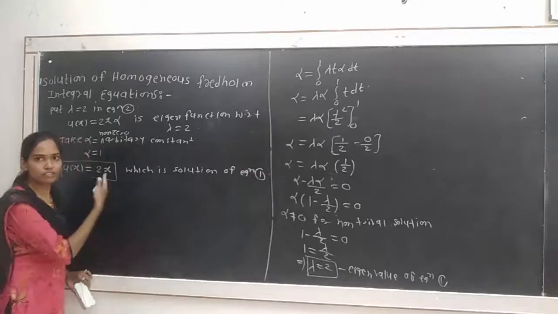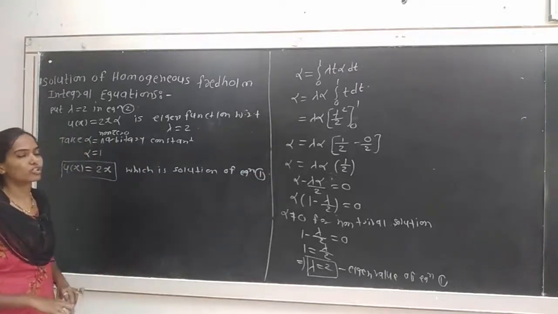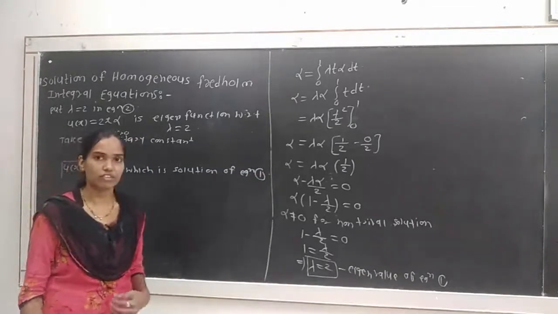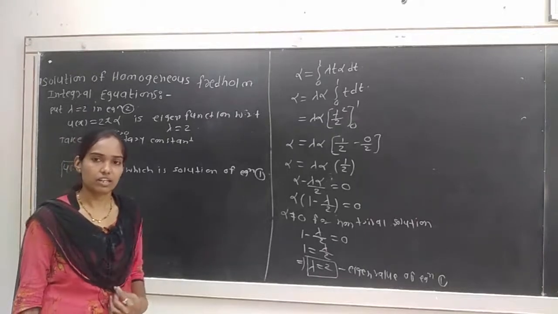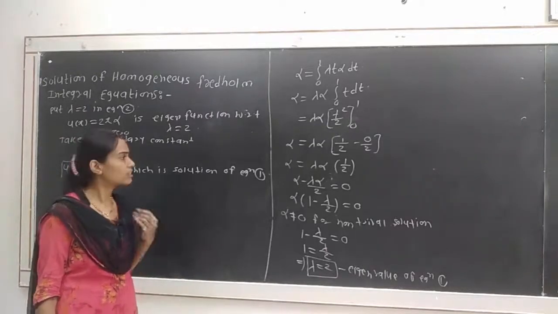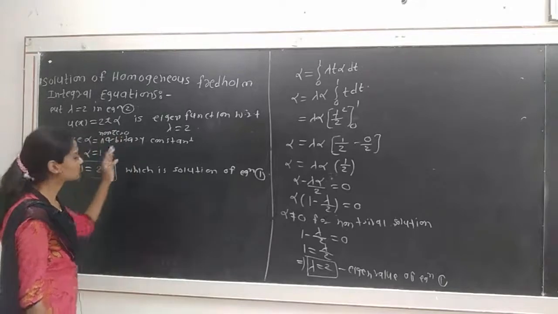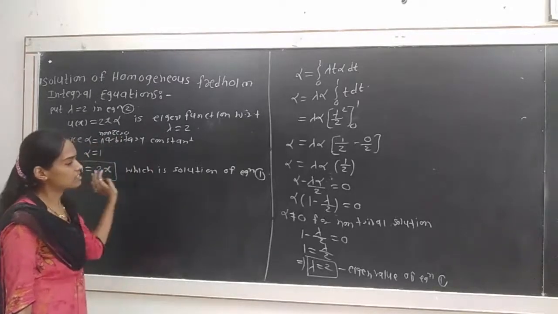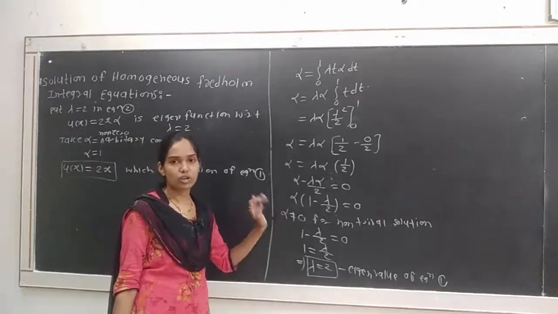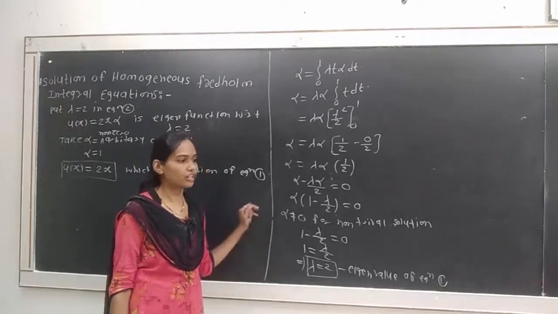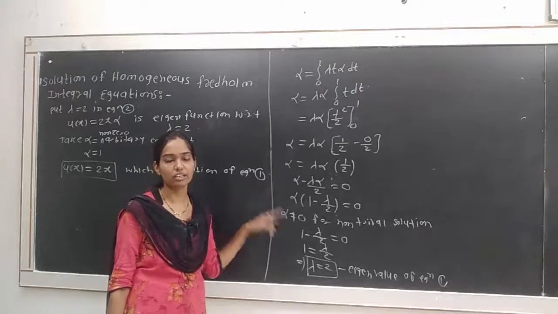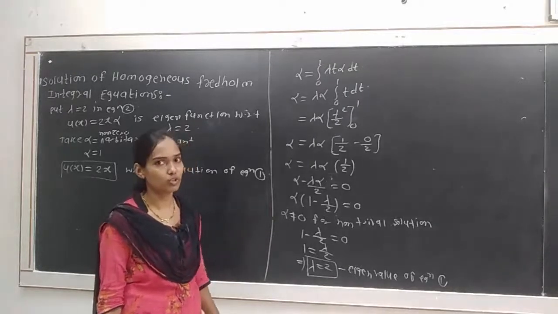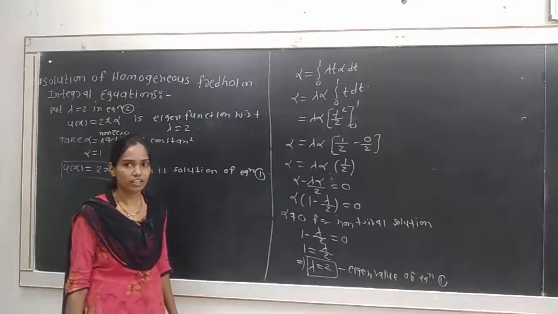In this way we can easily find the solution of a homogeneous Fredholm integral equation with separable kernel by using the direct computation method, or by first finding the eigenvalue and eigenfunction by considering α not equal to 0 for a non-trivial solution. Otherwise we always get the trivial solution to the homogeneous integral equation.